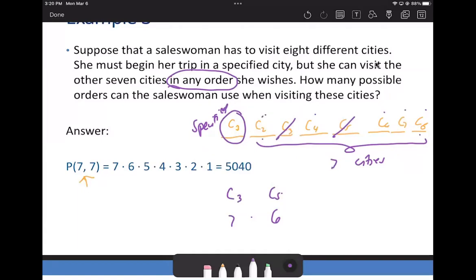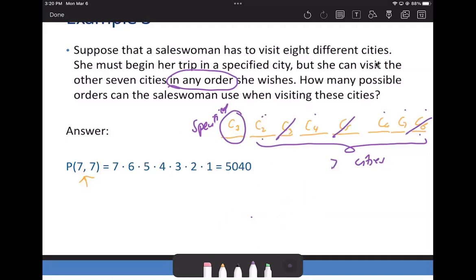We have 1, 2, 3, 4, 5, actually 5. Assuming this is C8, we remove it. So we will be left with 1, 2, 3, and 4. So we have 4 times 3 times 2 times 1 until everything is used up. Okay? So that's the idea.